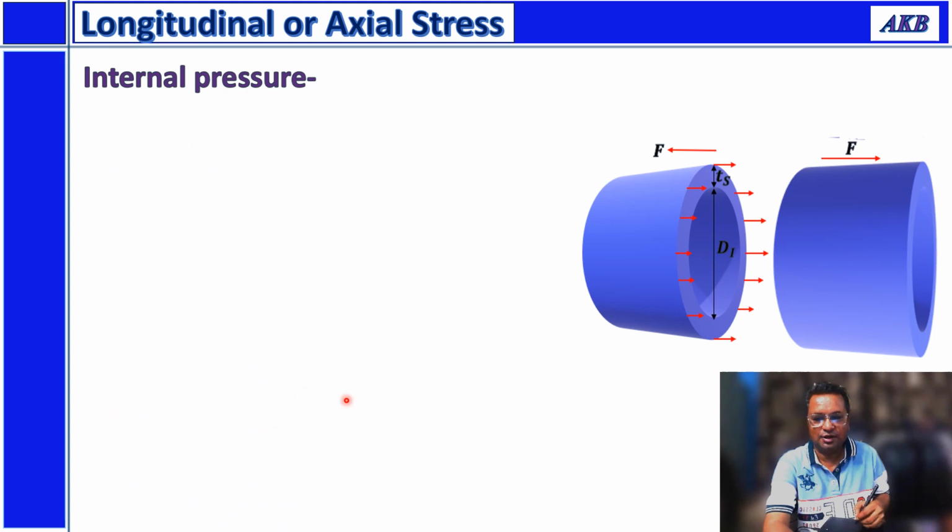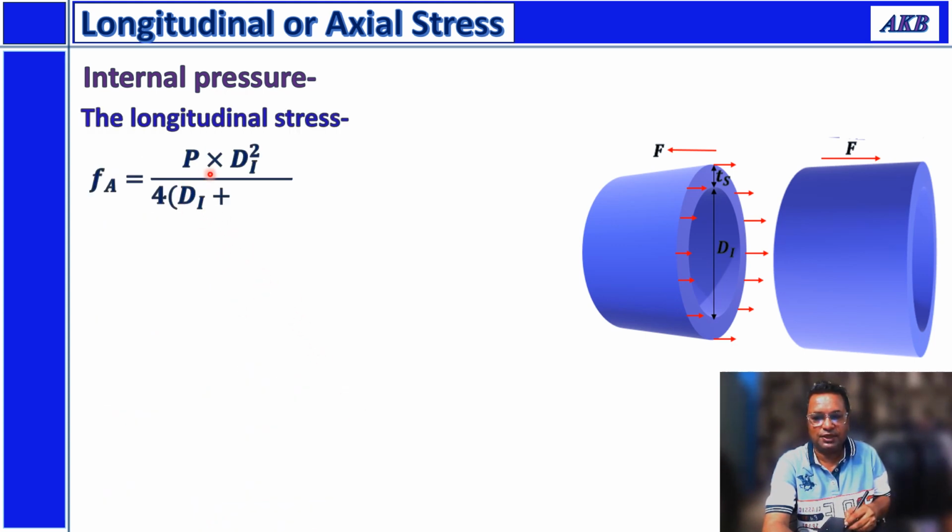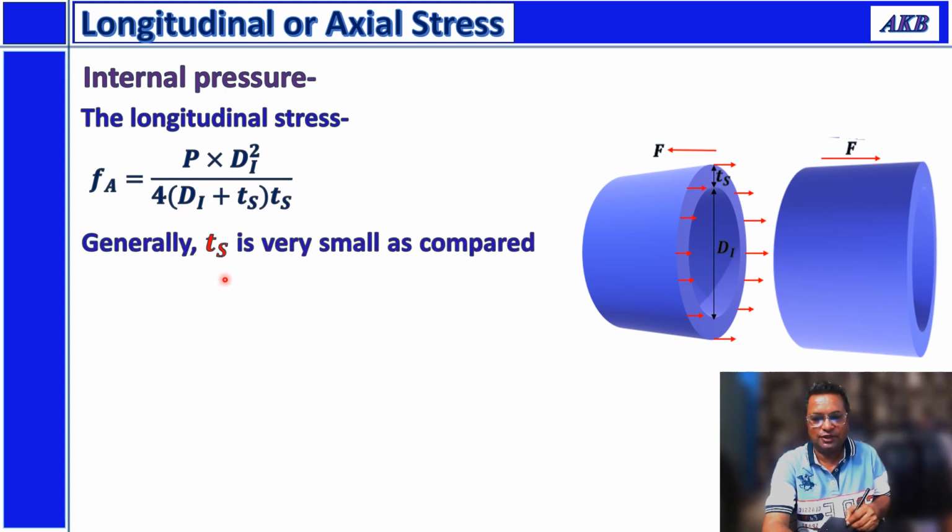And continuing with our discussion, we got this equation P into di square upon 4 into di plus ts into ts. Generally, what is the case? Thickness, if you compare thickness with the internal diameter, it is very small. Thickness is very small as compared to diameter. Therefore di plus ts is approximately equal to di.